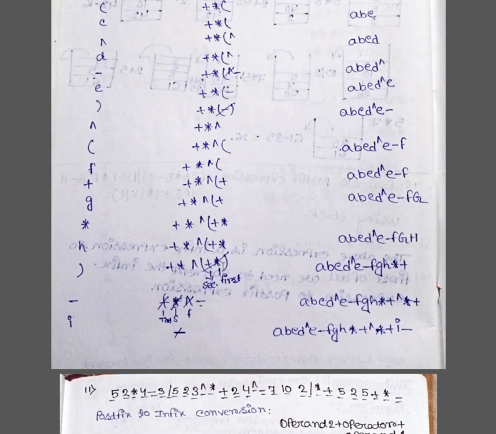As per the stack LIFO principle, last in will be first out. So the multiplication came last, so it will be popped out first, and then this plus operator came, so it will be popped out after that. According to these principles and the formulas for solving this type of problem, all this will be cancelled out.